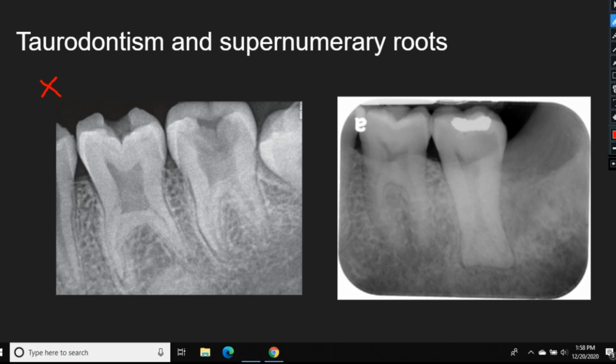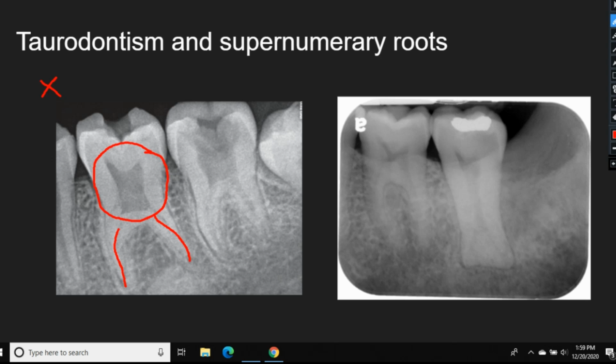And it's going to be enlarged vertically, which means that the roots may suffer some. So here we have right here, this is an enlarged pulp chamber, and these roots seem to be smaller than an average root.